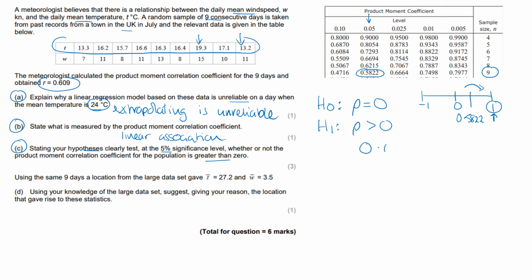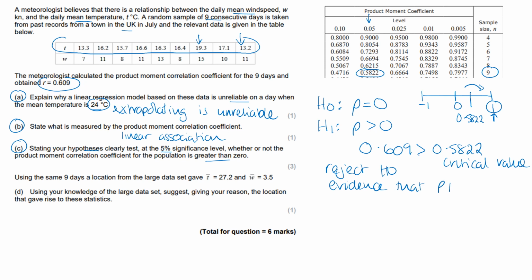And 0.609 is bigger than our critical value. So we are going to reject H0. There's evidence that the product moment correlation coefficient is greater than 0.